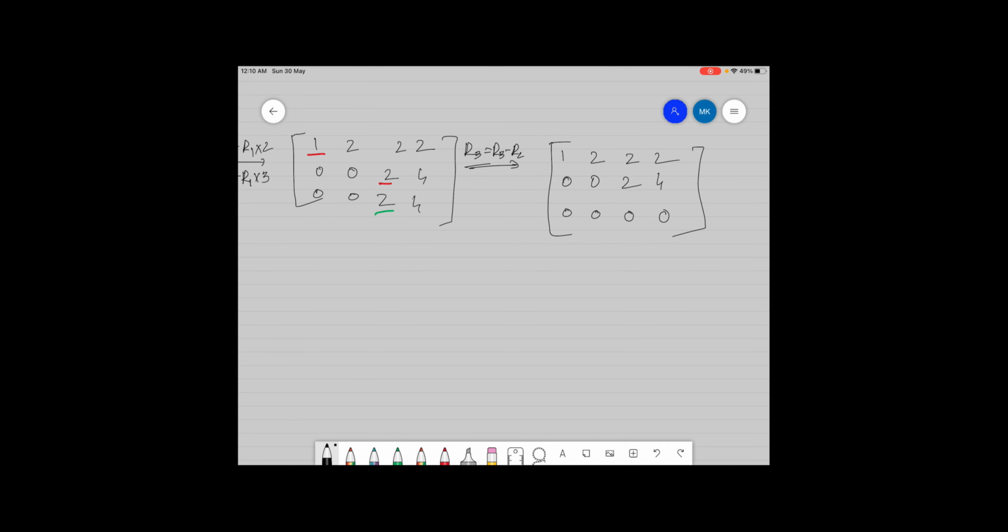By this we got a very special staircase form of this upper triangular matrix. You can see that it has a significant structure, and this structure is called the echelon form. That means this staircase format is called the echelon form.